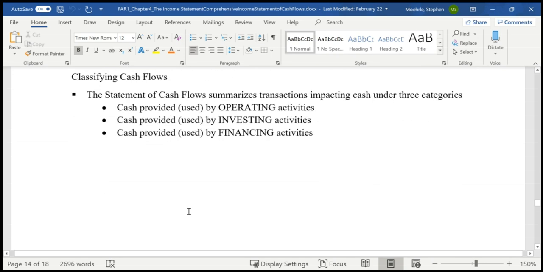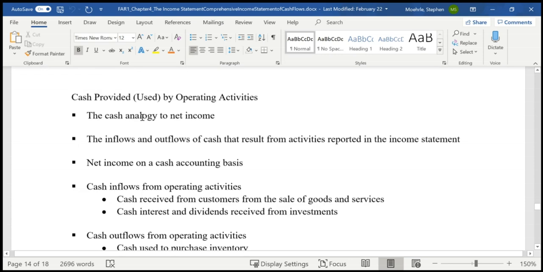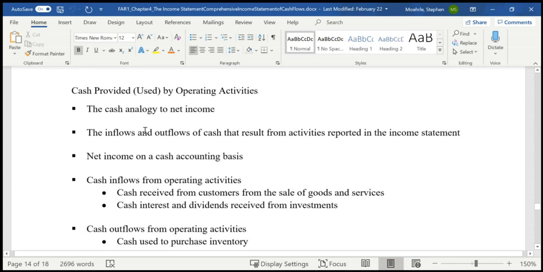Classifying cash flows. The cash flow statement will classify the cash flows of the company according to the 3 classic activities of the business: the operating activities, the investing activities, and the financing activities of the business. Cash provided or used by operating activities. Again, that's the cash analogy to net income.